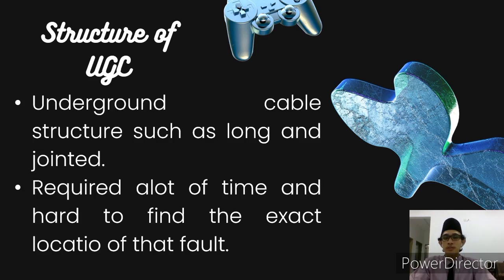It's like 50 meters to maybe 1 kilometer long. So we need to search each kilometer or meter for the fault, and because the cable is jointed, maybe the fault is not in the branch, maybe it's from before the branch.